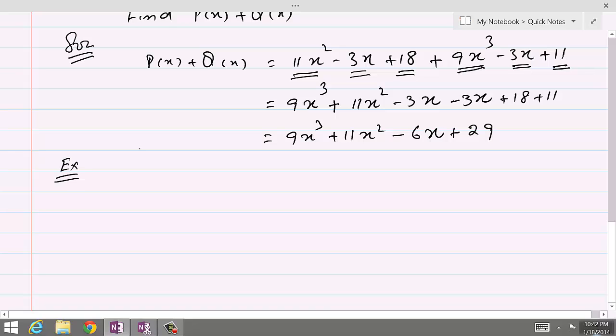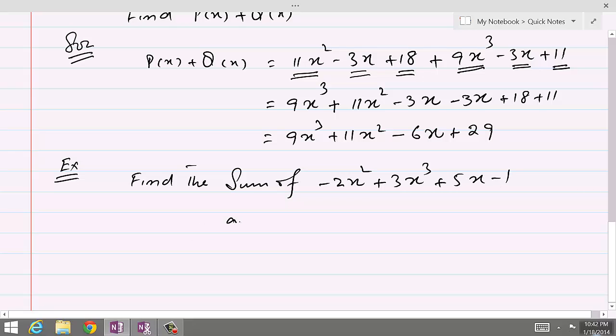Find the sum of minus 2x square plus 3x cube plus 5x minus 1 and 2x4 plus 5x square plus 3.